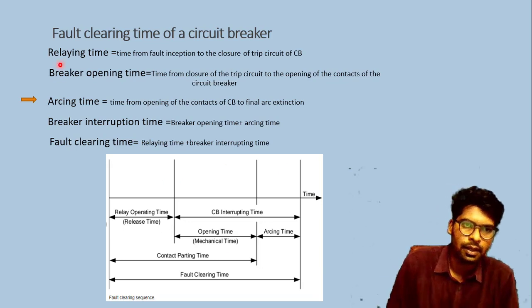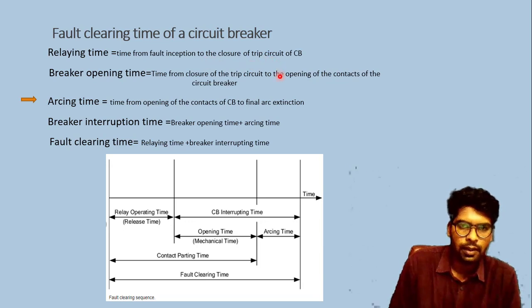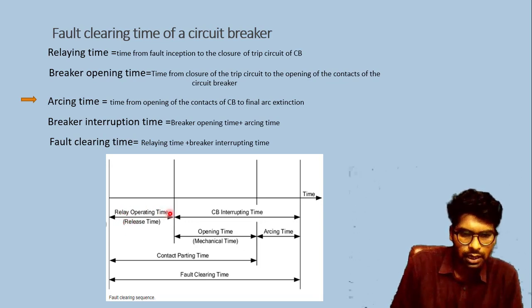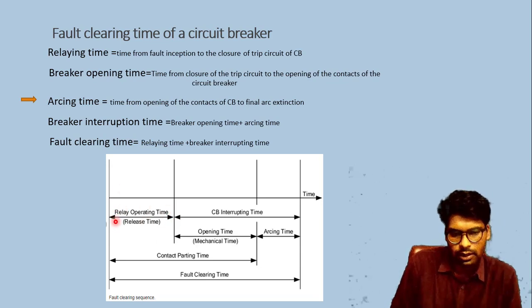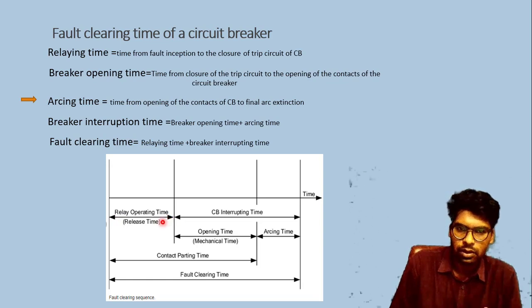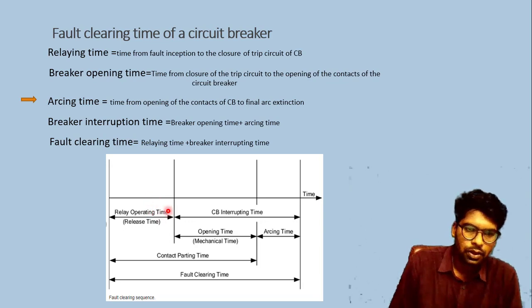This is the time from fault inception to the closure of the trip circuit of a circuit breaker. Until now the circuit breaker has not operated, but up to here the current transformer gave the signal to the relay to operate, and the relay gives it to the trip circuit, the trip coil. Up to here the relay operating time takes place.